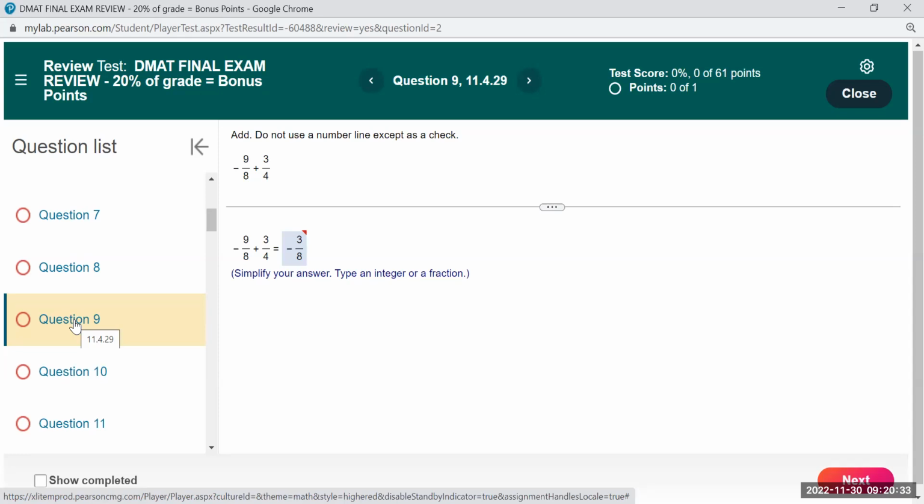Number 9. Add, do not use a number line except as a check. So we have -9/8 plus 3/4.